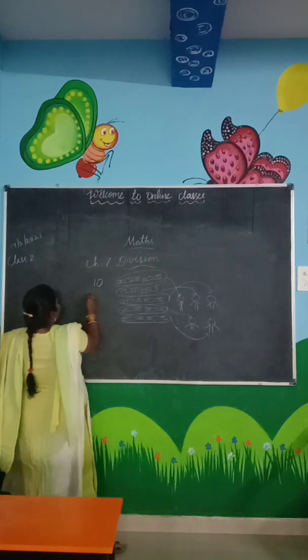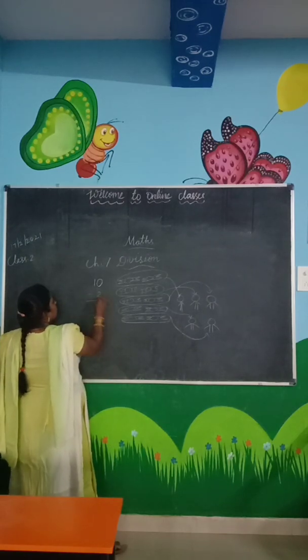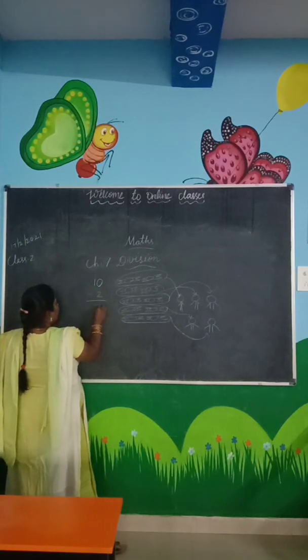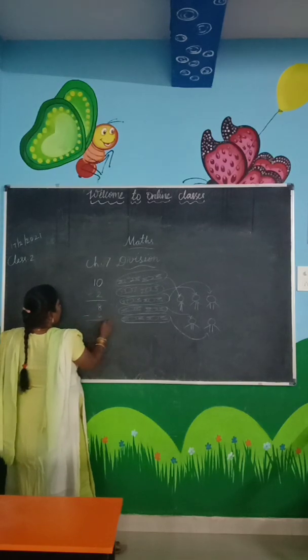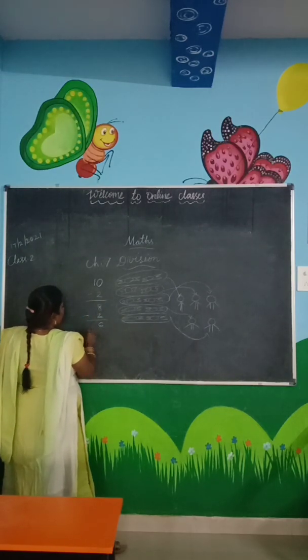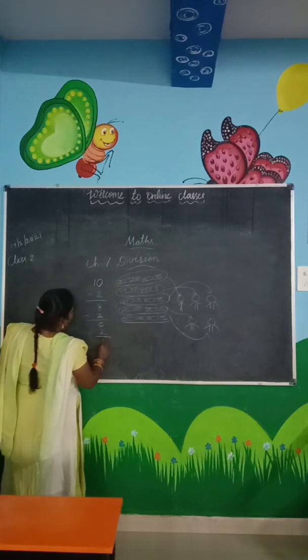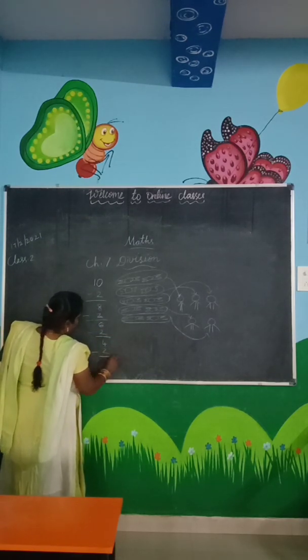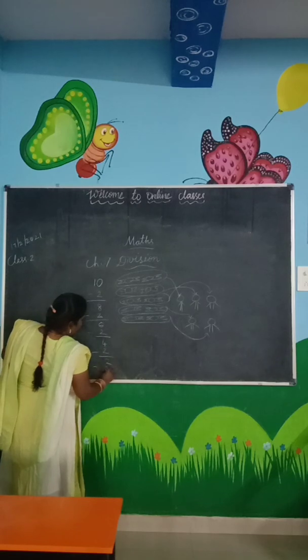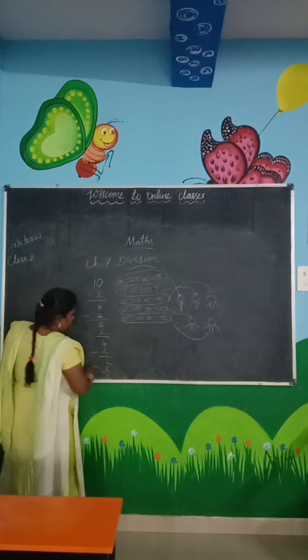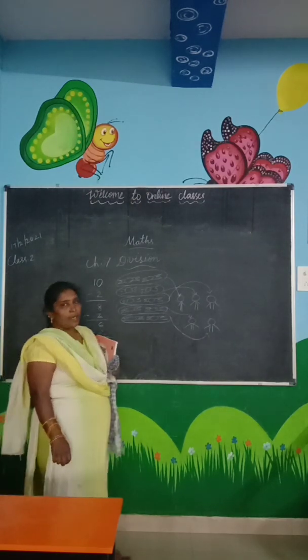So I want to give 2 chocolates each. 10 minus 2, 8. Minus 2, 6. Minus 2, 4. Minus 2, 2. Minus 2, 0. So repeated subtraction.